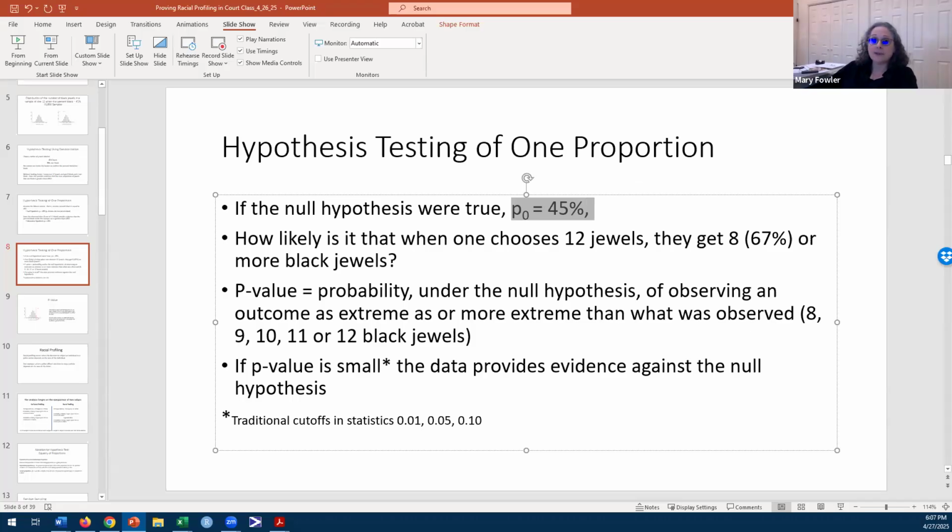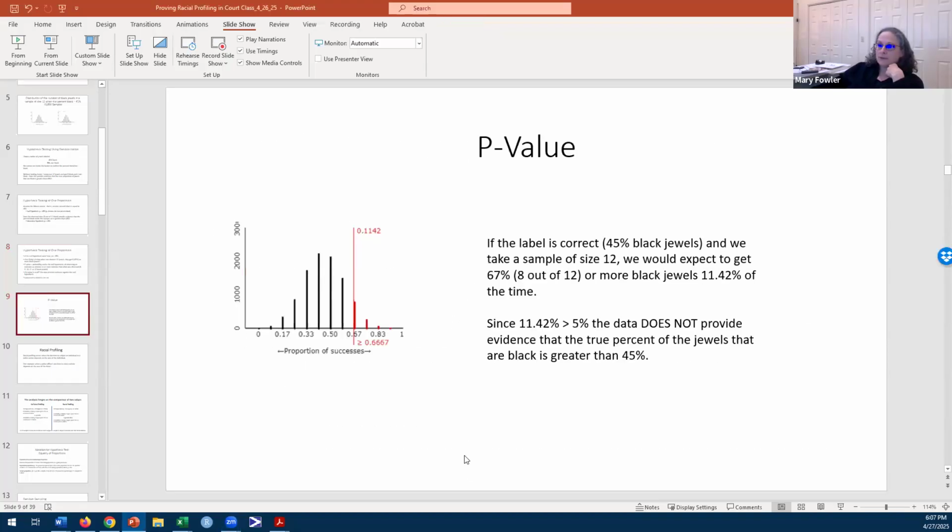That is, what is the probability of observing 8, 9, 10, 11, or 12 black jewels? If this probability is very small, then it provides evidence against the assumption of the 45% in the basket, against the null hypothesis. There are some traditional cutoffs, but in general, if the p-value is small, then it challenges the null hypothesis.